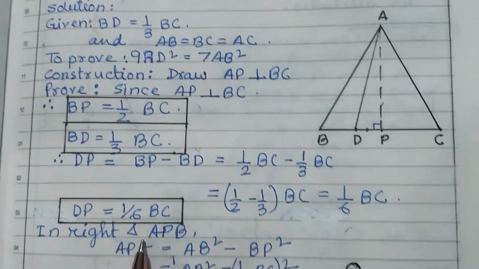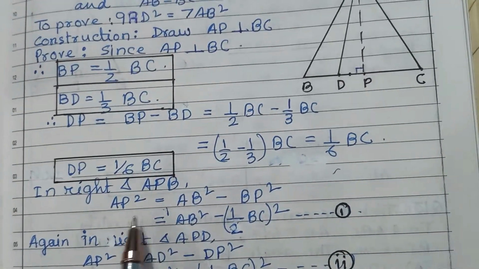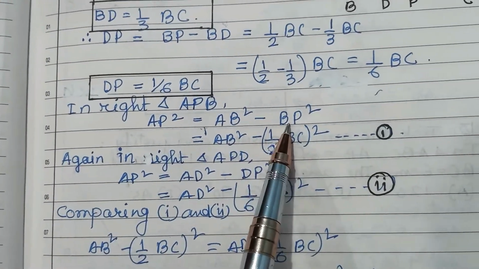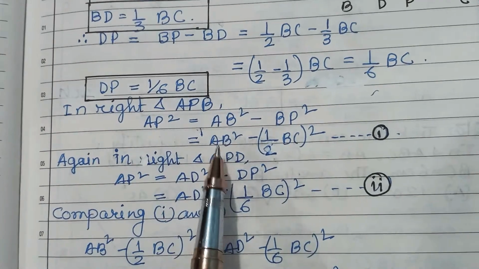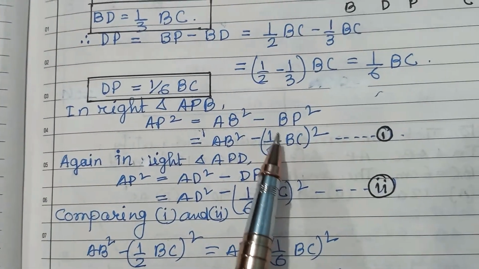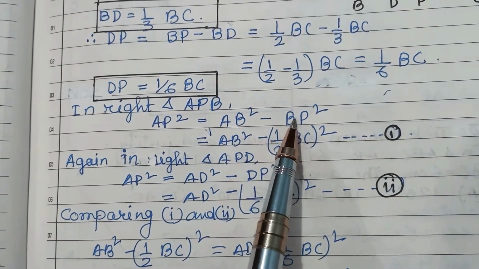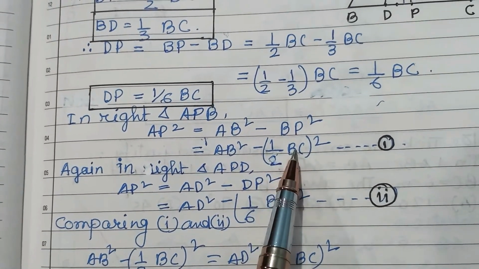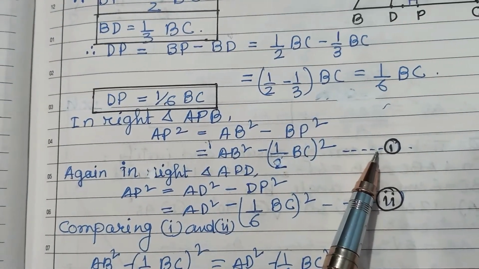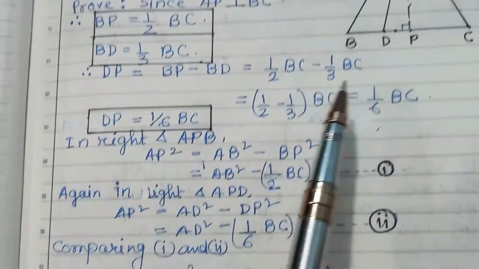Now in triangle APB, AP square is equal to AB square minus PB square. So AB square is equal to half, BP means half BC. So half BC square, it is the first relation. Next in triangle APD, see the figure.